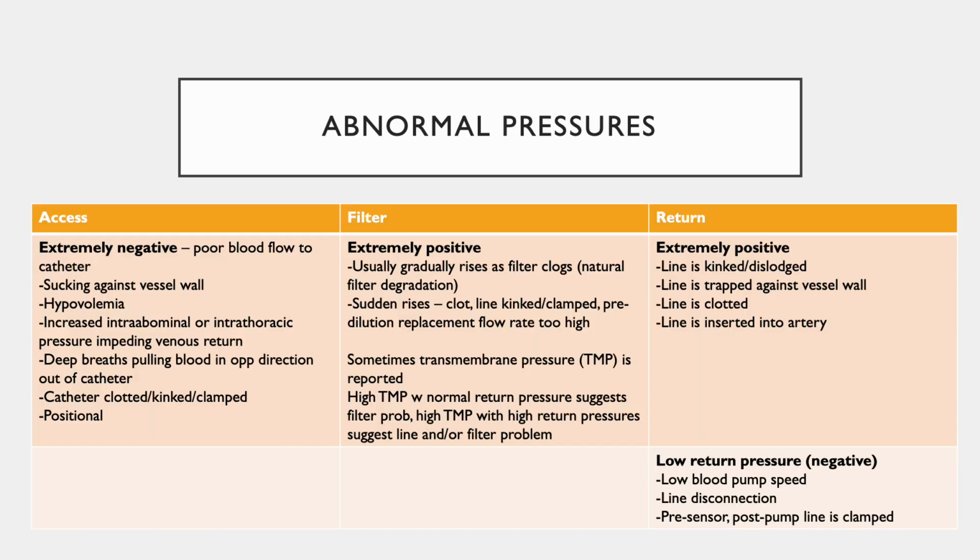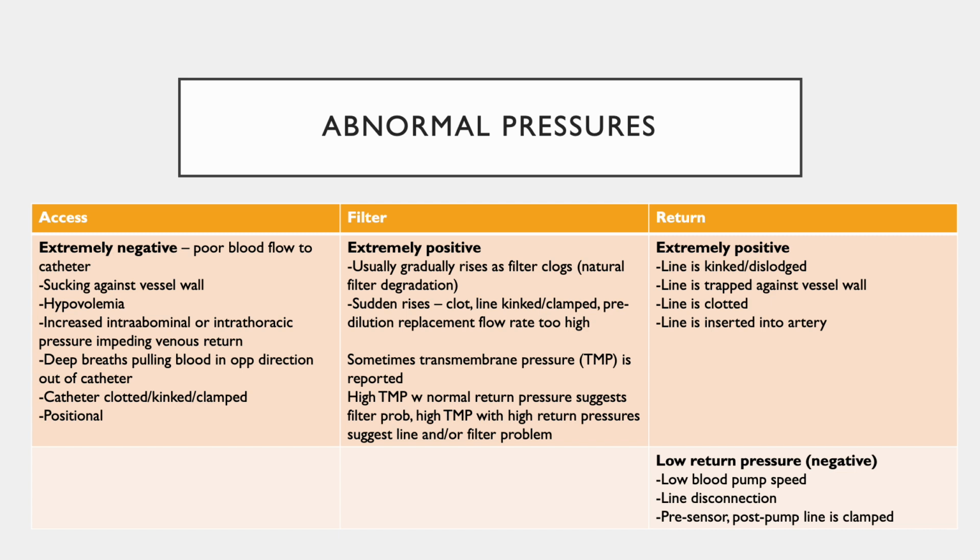And this slide summarizes some of the important causes of different pressure alarms. So for the excess, usually the problem that we may see are extremely negative pressures, and this can be due to patients who are very hypovolemic, if the catheter is actually against a vessel wall and sucking against the vessel wall, or perhaps in patients taking very, very deep breaths and resulting in blood being pulled from the opposite direction of the catheter flow.